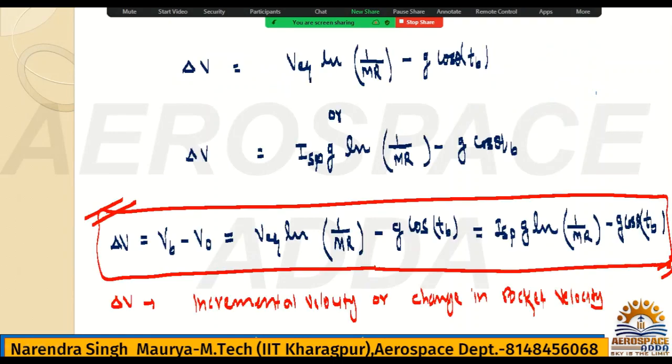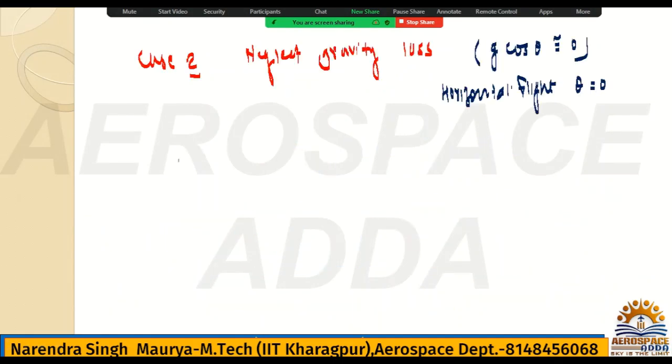So in this case we can write delta V is equal to V equivalent ln 1 upon mr minus G cos 0 into TB.